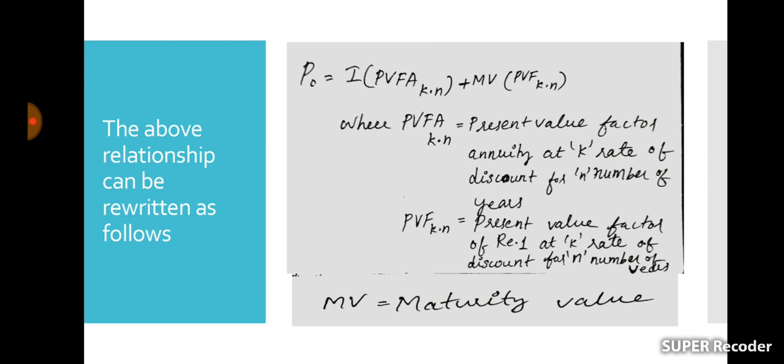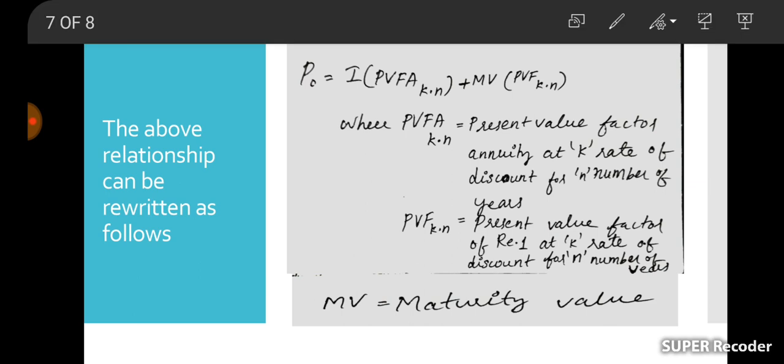So we are using the present value factor here. That's all about this equation. By using this equation also we can calculate the present value of interest plus the present value of the maturity value, and then we will get P0.